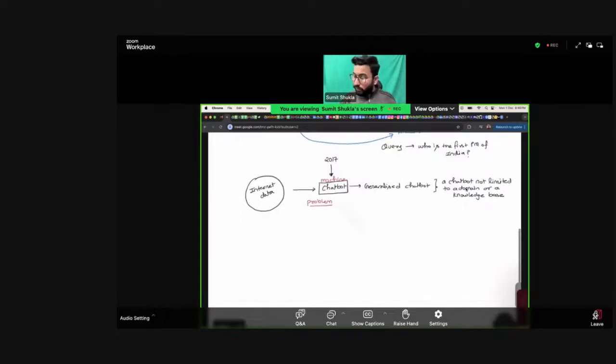So the problem was there was no training mechanism that can facilitate this learning process.